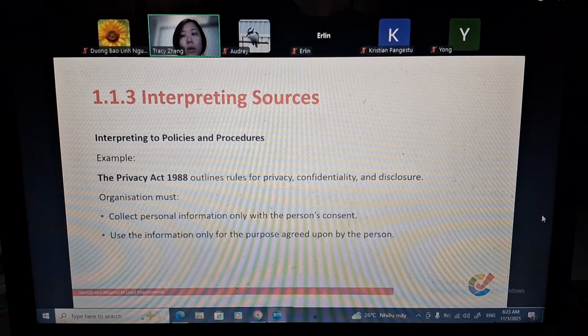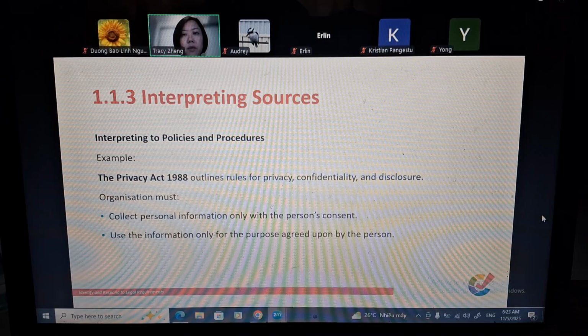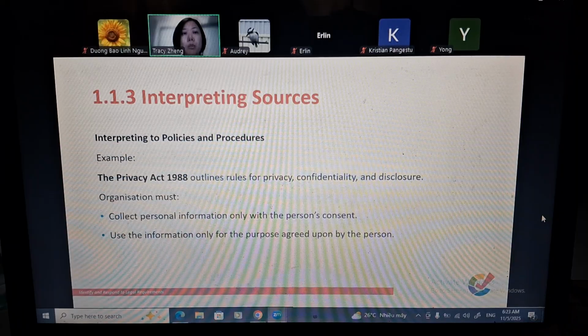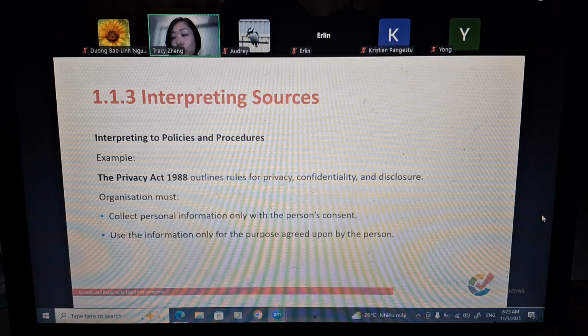So when you're getting that information, try to check the abstracts. See if they summarize the key points and relevance to our role. That would help you to understand those legal and ethical considerations. But also, your employer or the organization definitely holds the responsibility to protect clients' privacy and confidentiality.